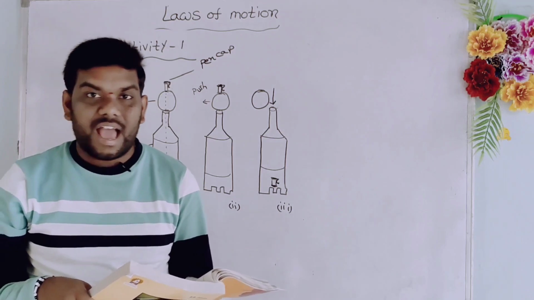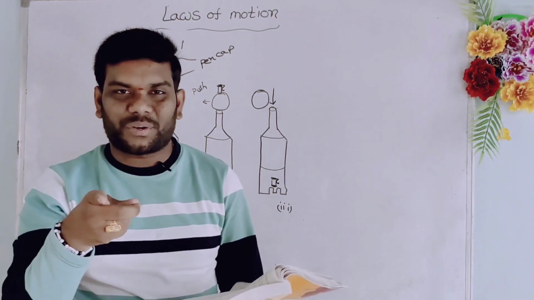So it is activity 1 in your textbook. Okay students, what do you observe in this activity? First of all, balance the pen cap on the paper hook, immediately push the paper hook, and the pen cap falls into the bottle.